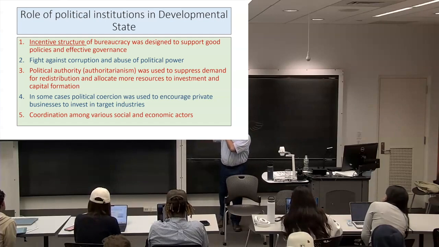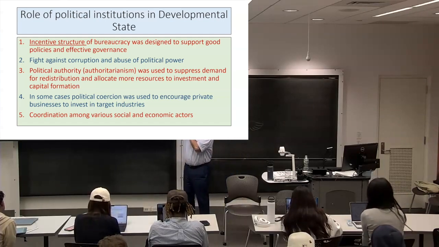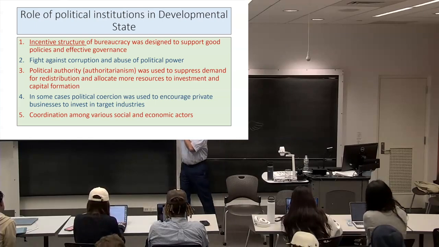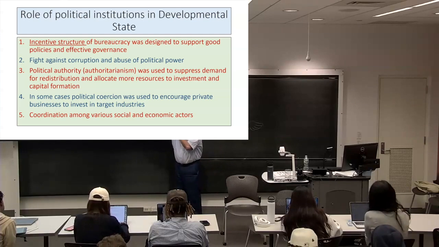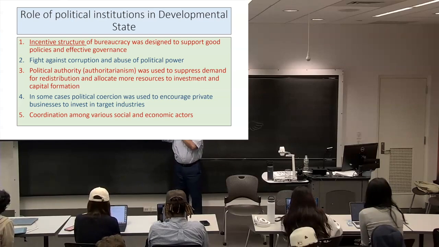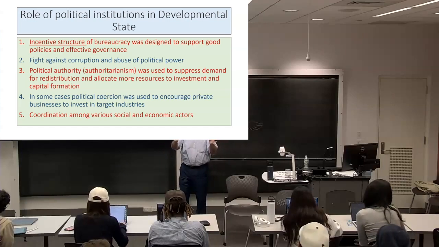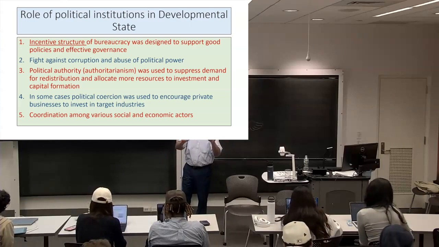Developmental states, especially those in Asia, at some point, many of them did not have to bother about democracy. They used the force of government to suppress labor demands for redistribution, for better wages. If you do that just to enrich yourself, that is called predatory political behavior, when the political leaders prey on people, keep them poor for their benefit.